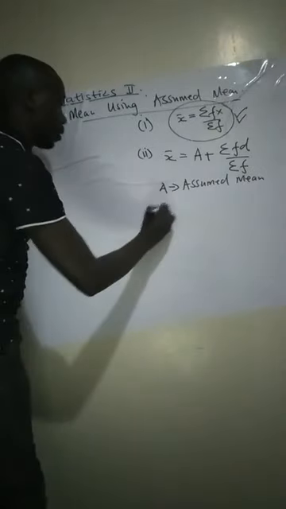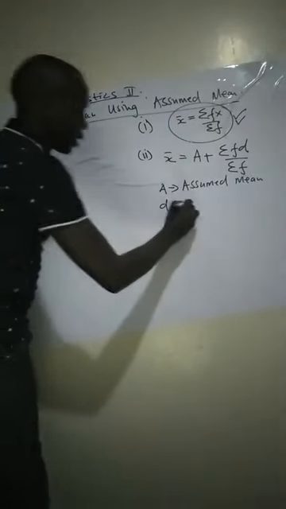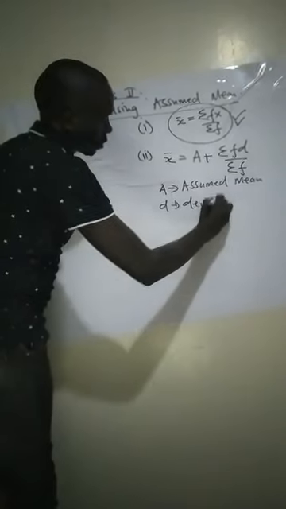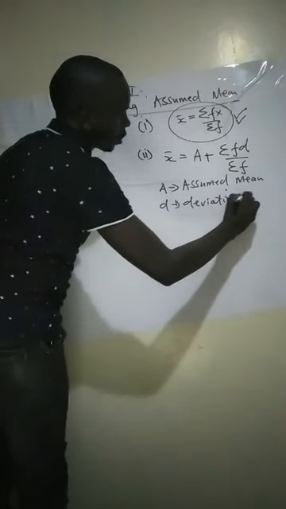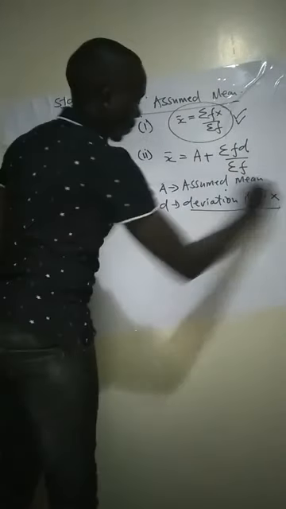A is the assumed mean, and d is the deviation from x. We will see shortly what this means.